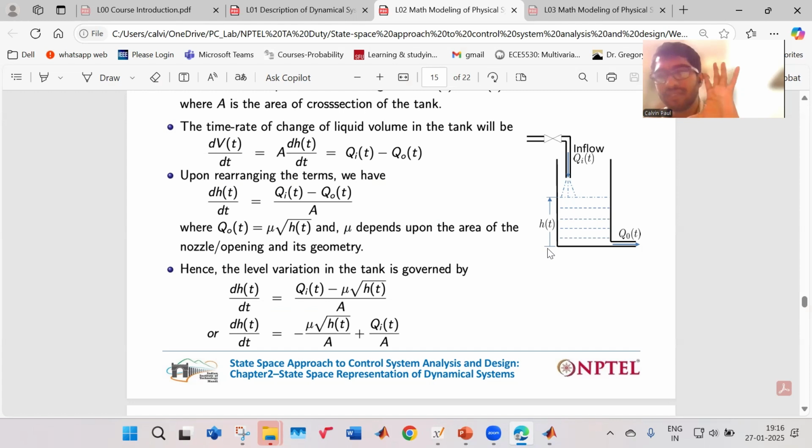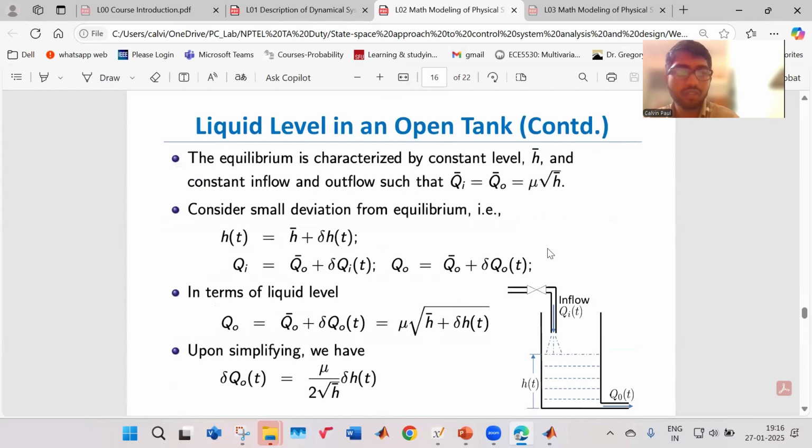Now let us assume in a very ideal, lucky condition, the amount of water you're putting in with the pump, as well as the taps you have opened, are just the correct amount such that the same amount of water is flowing out. Then what will happen? Equal amount of water is flowing out, equal amount of water is flowing in. So the height will still remain the same. This is what has been assumed.